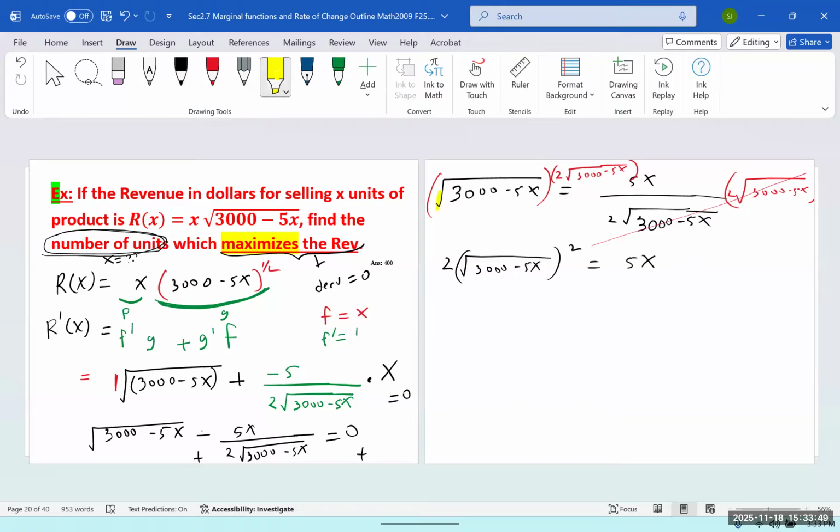So you have this square root thingy twice, so I wrote it with the 2 power. Why? Because you can cancel them to that one. So we get 2 times 3,000 minus 5x equals 5x. We distribute, you get 6,000 minus 10x equals 5x.